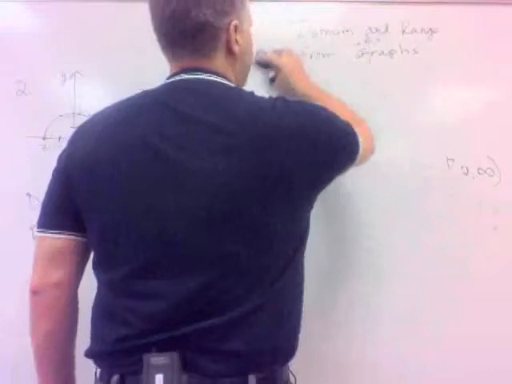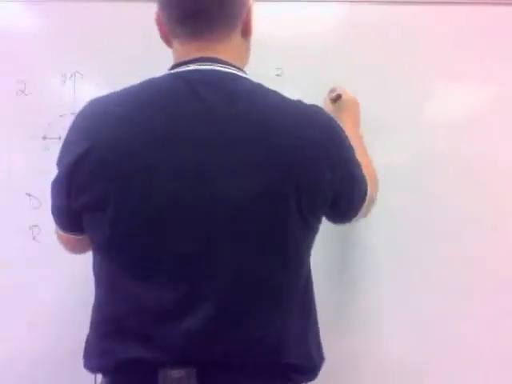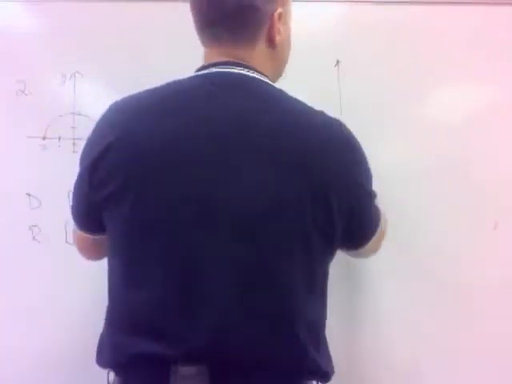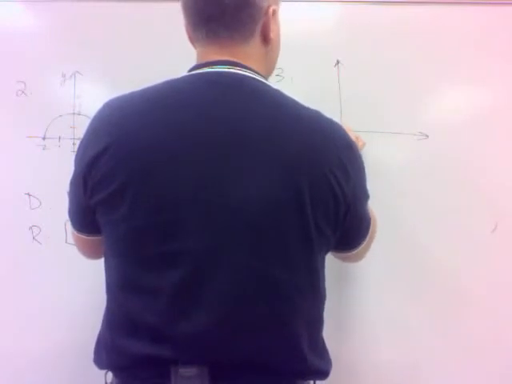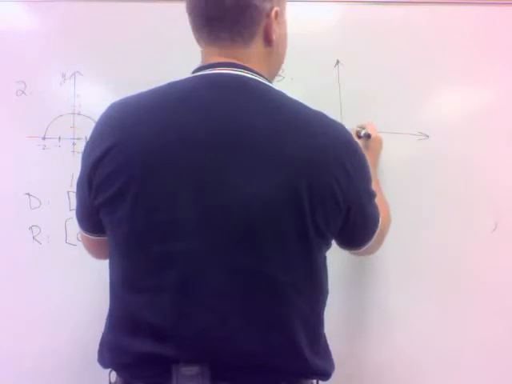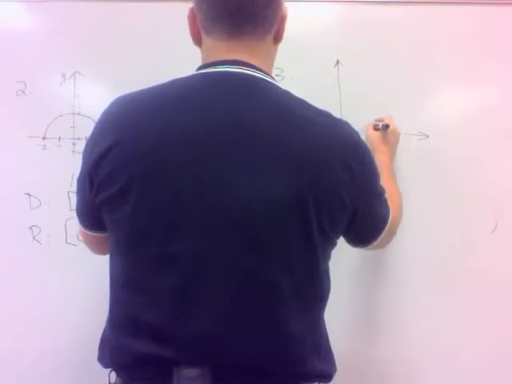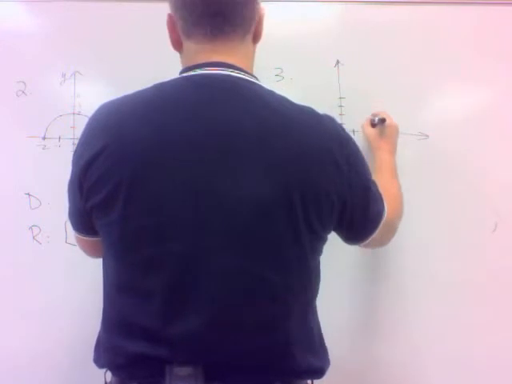All right. One other of those, number 3. Little tricky one here. Got a -1 x-intercept and a 3 x-intercept, and then it's got a high point here, 1, 4.